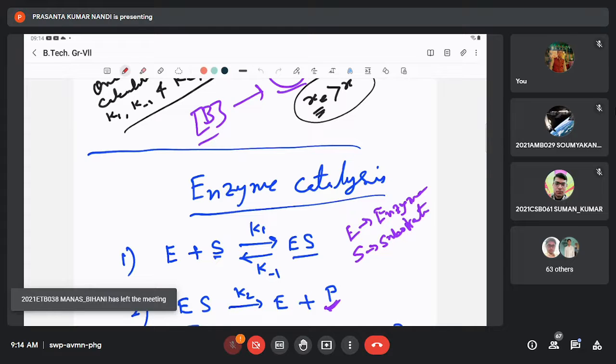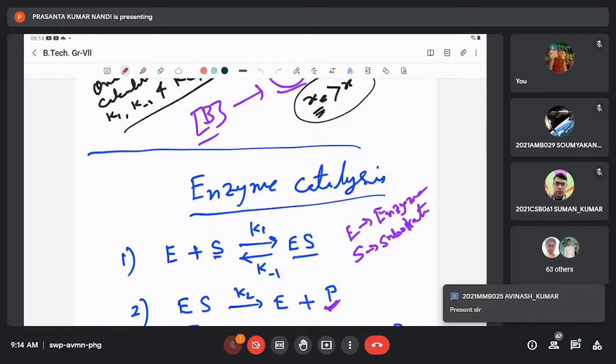Right. So enzyme basically lowers not only the forward activation energy, it also lowers the backward activation energy.